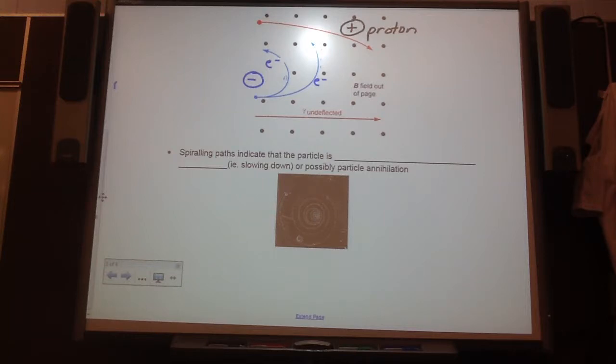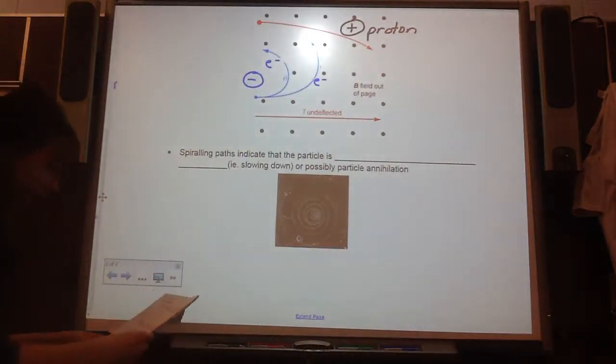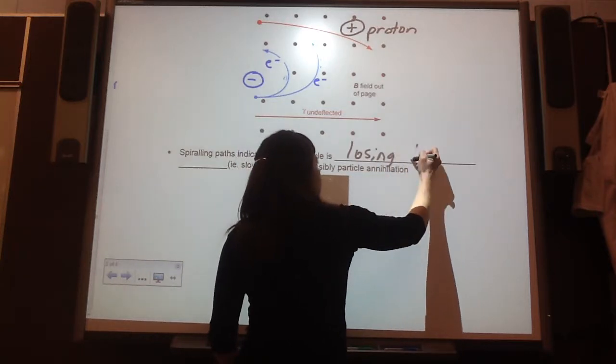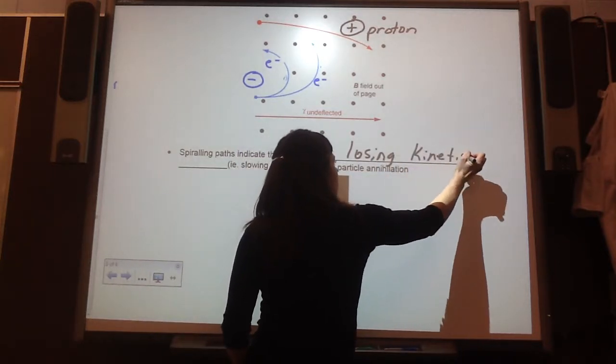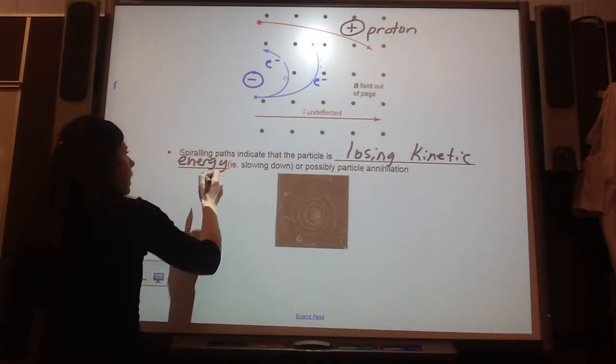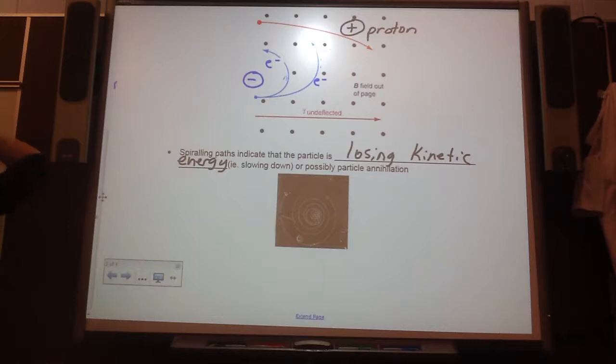So when we see a charged particle that spirals, it means that it's losing energy, okay? So the spiraling path indicates that the particle is losing kinetic energy. So it could be slowing down, or it is undergoing particle annihilation.